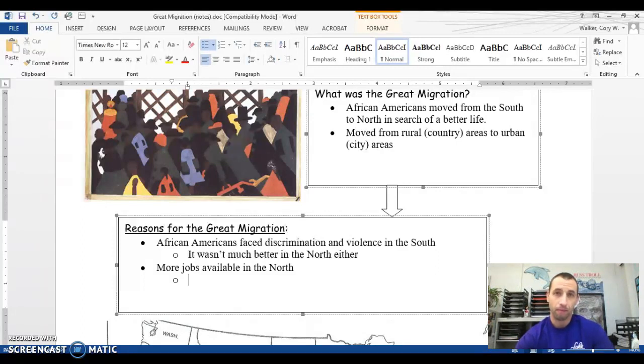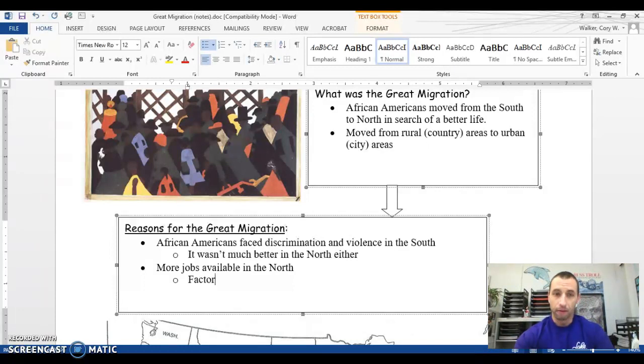A lot of factory owners were hiring immigrants and people coming into the country as unskilled laborers, so cheap labor. But during World War I in particular, a lot of immigrants stopped coming over here because of the war. So that left a lot of vacancies open in the factories.